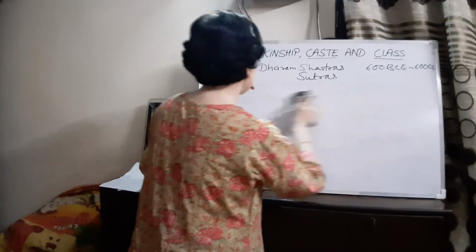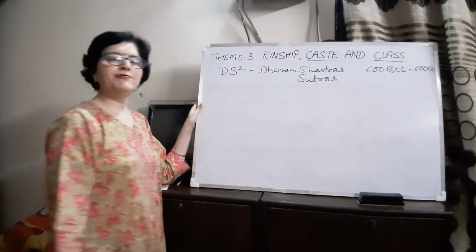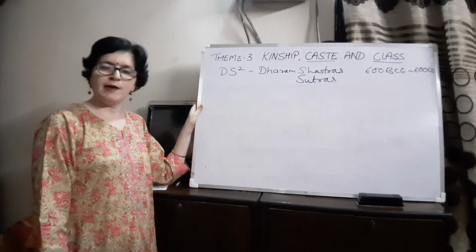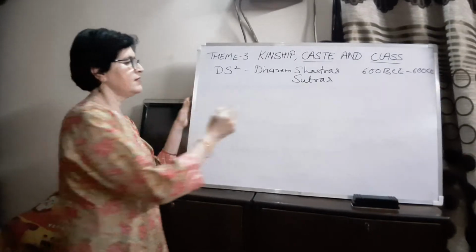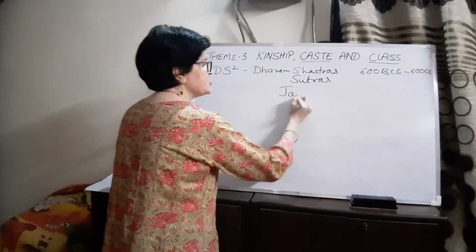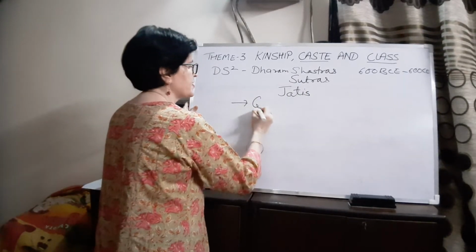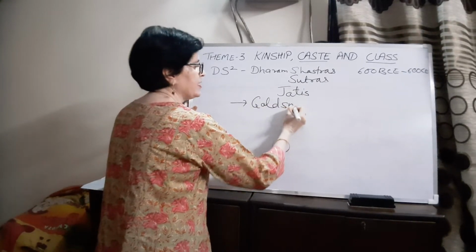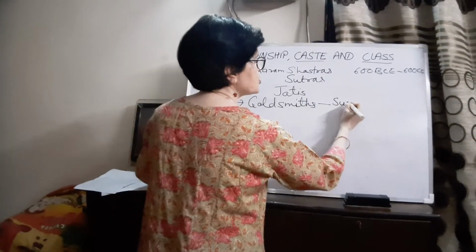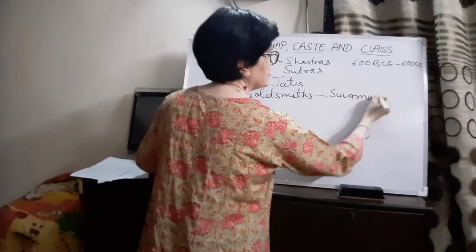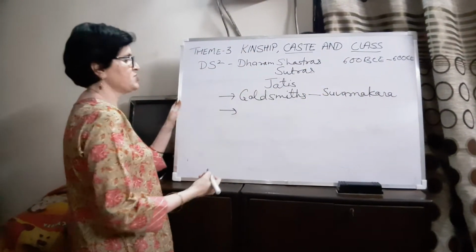Besides this varna system, there were other people who performed certain occupations but were not mentioned in the varna. Who were they? They were called jatis, and they were like goldsmiths, that is Swarnakara, those who do gold work.